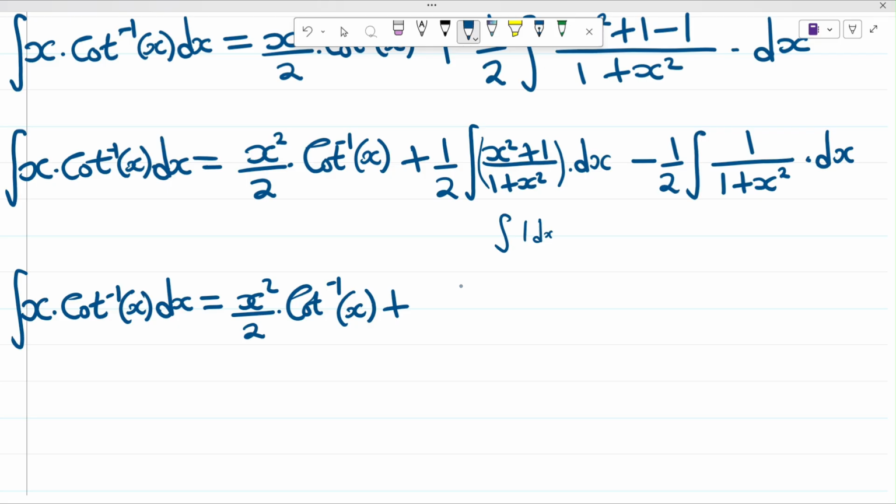So we're integrating 1, and that is gonna be the same as 1 over 2 multiplied by x, right? And then the other one is going to be minus 1 over 2 tan inverse of x, plus c. Then we are done for that question. So that's it for that question.